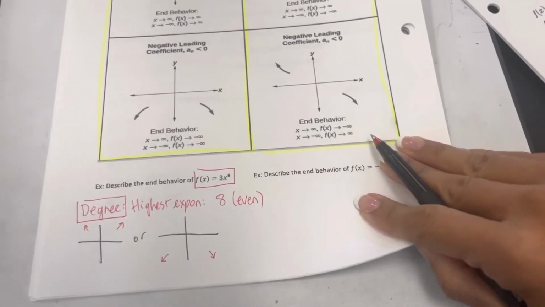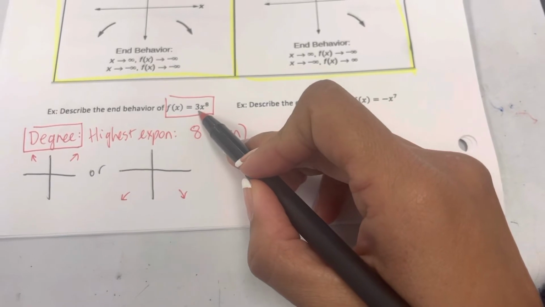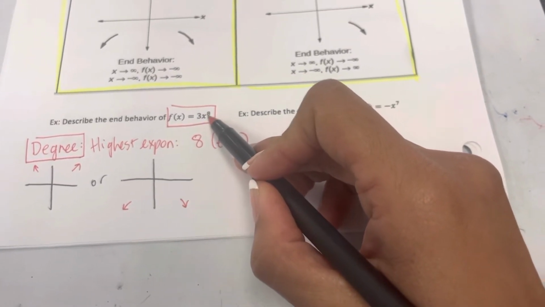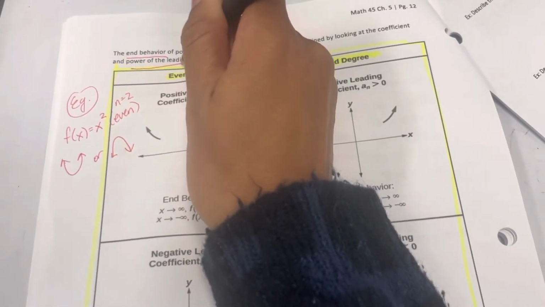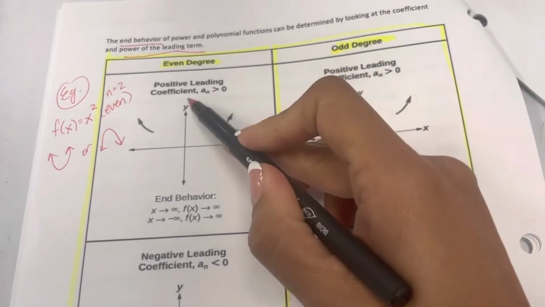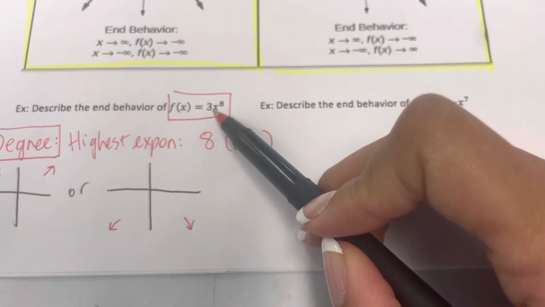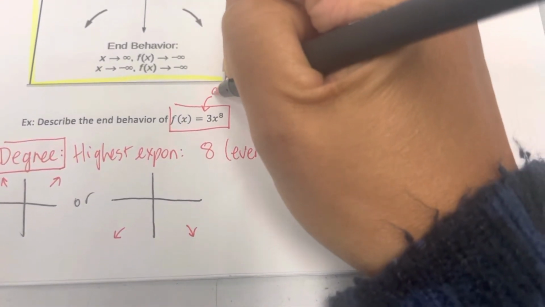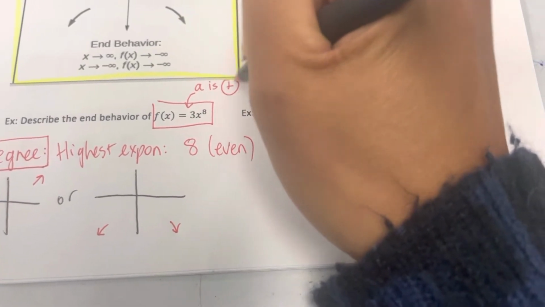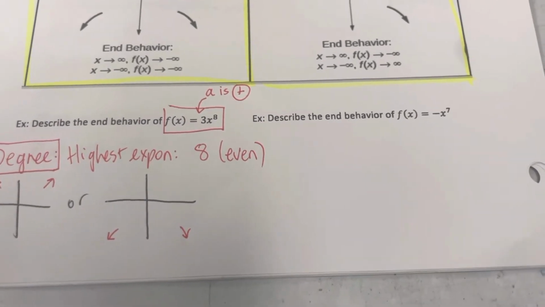The leading term or the leading coefficient is the number that is being multiplied to that highest degree. So here's the number 3, right? Is this number positive or negative? Positive. So since A is positive, just like when you're thinking of a parabola, if it's positive, is it happy or sad?